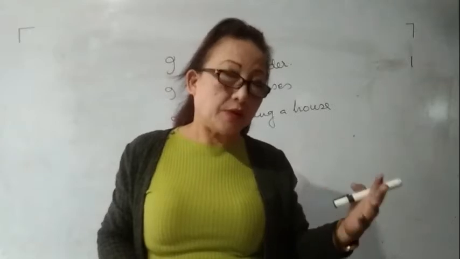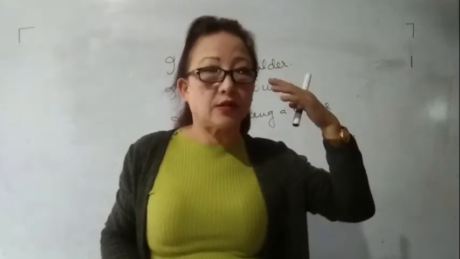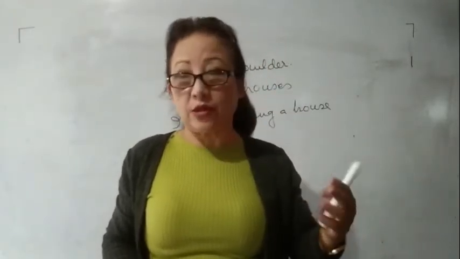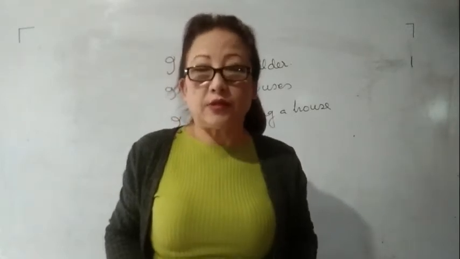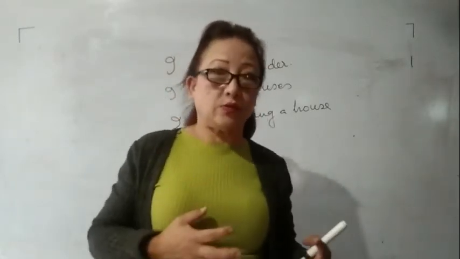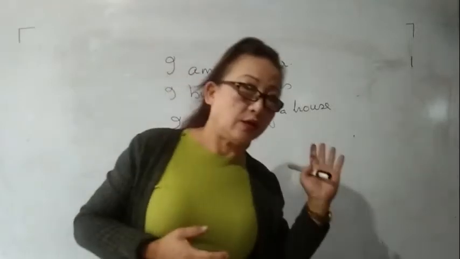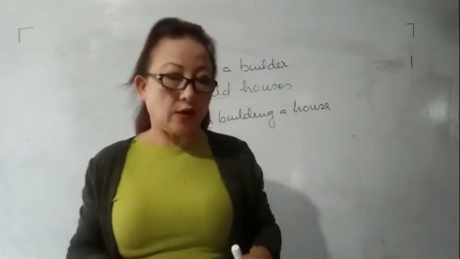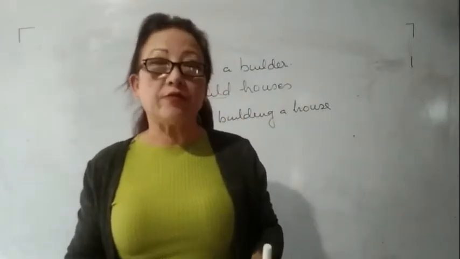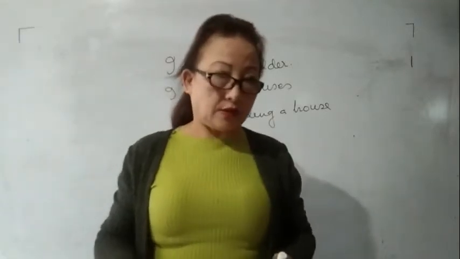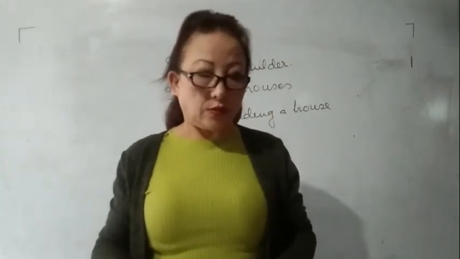It has started changing and it is still changing. So that is present continuous tense, a situation which has started in the past and is still going on in the present. That is the difference between simple present tense and present continuous tense.